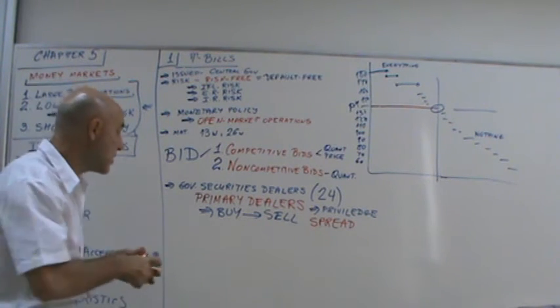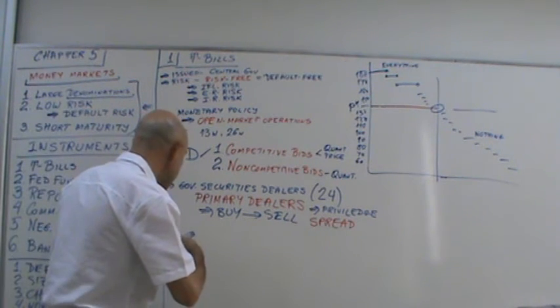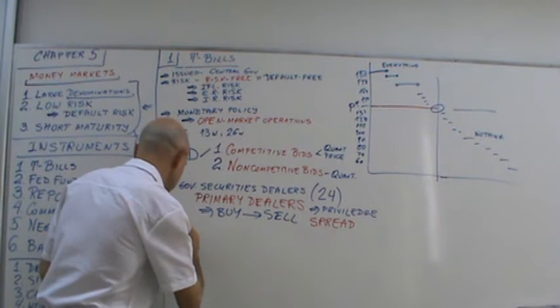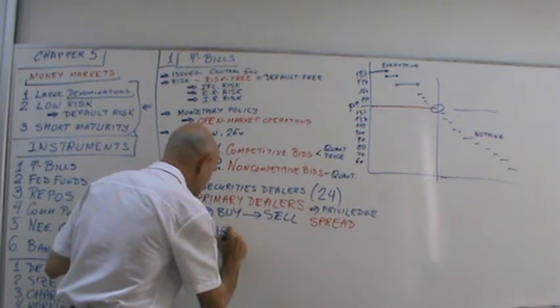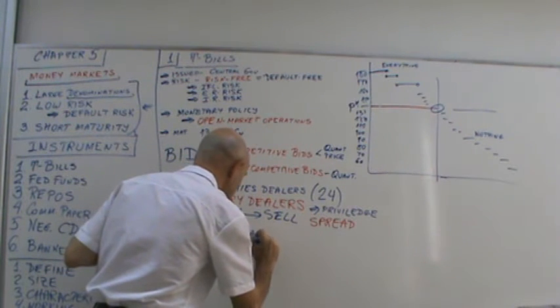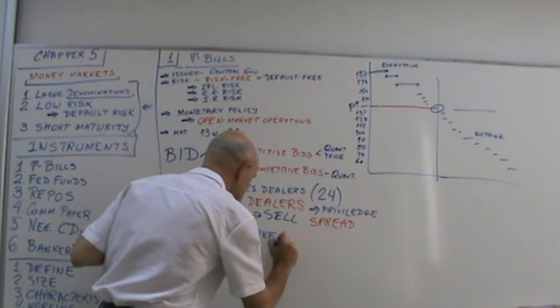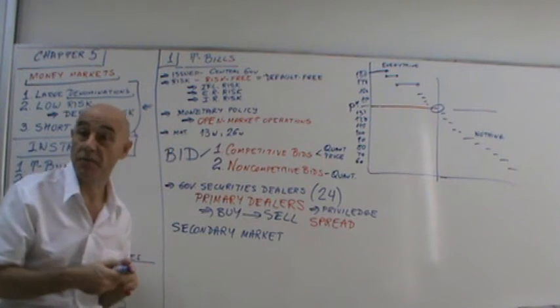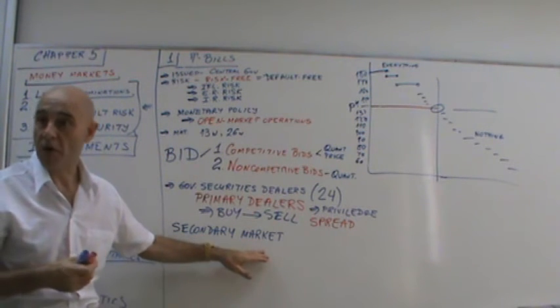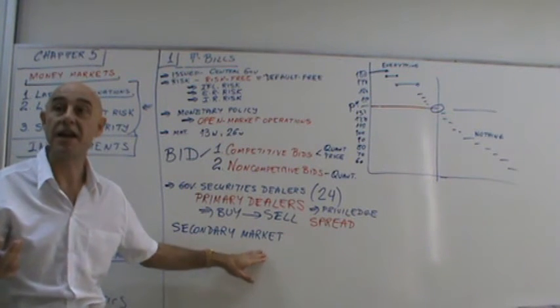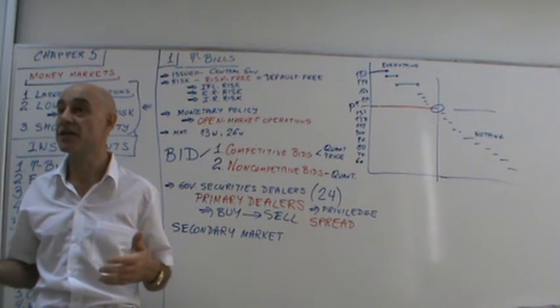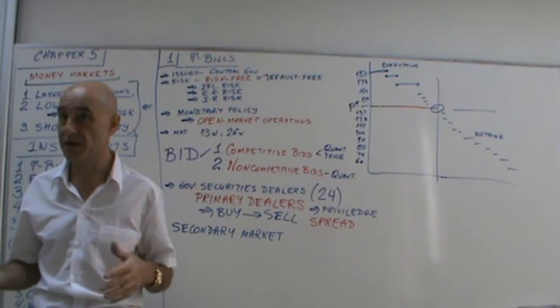And then we have what's called a secondary market. A secondary market, again, is a market where anyone can buy and sell existing securities.